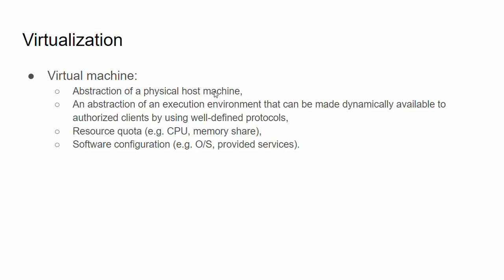Similarly, when you provision a virtual machine, you specify CPU, memory, all these resources that you will be utilizing, and the service provider and hypervisor will allocate this number of CPUs and amount of memory to your virtual machine. And then finally, you will have your software configuration, which is usually taken care of by hypervisors. It will provide you with the necessary operating system and certain services that you will need.